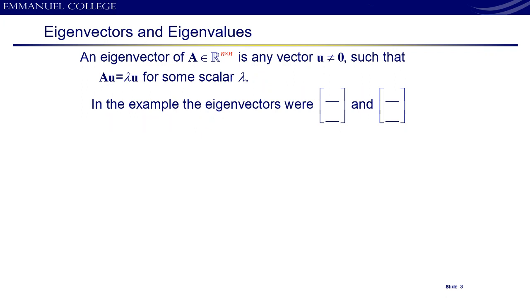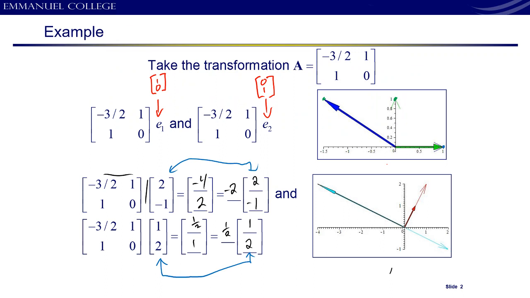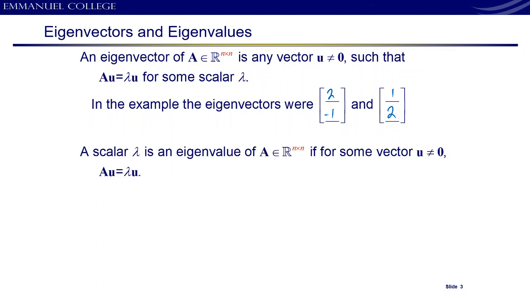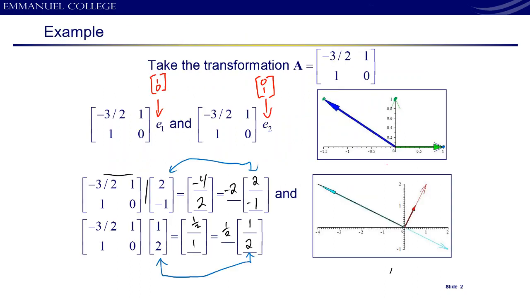For our example, we had (2, negative 1) and (1, 2). Those were the eigenvectors. The scalar lambda is the eigenvalue. If we go back, notice that the first vector was negative 2 times the starting vector, and then we had 1/2 times the second vector.